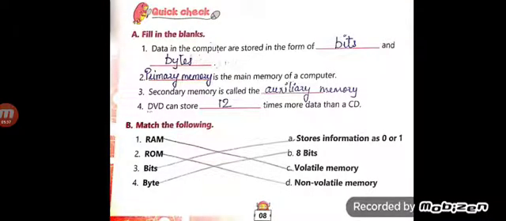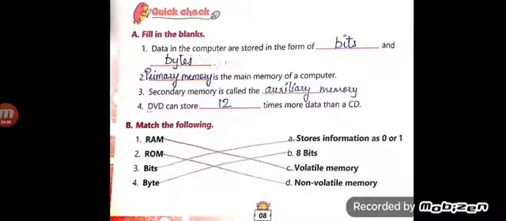Okay, we have completed our lesson over here. Now, this is the exercise. You'll write it in your textbook only. Just pause the video and you can complete it. Let us first discuss the fill in the blanks.